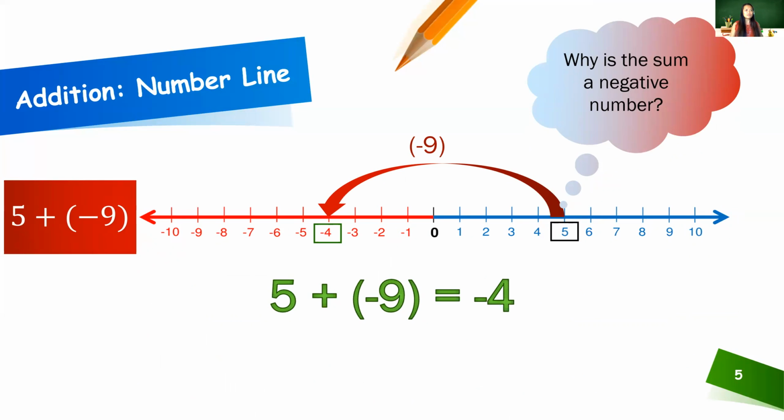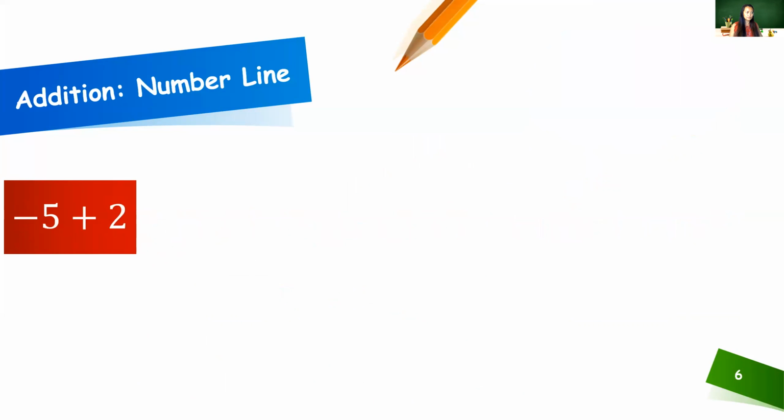So pause for a second again and reflect on this. Why is this sum a negative number? Now, -5 plus 2. Okay, visualize it. What do you expect to happen?